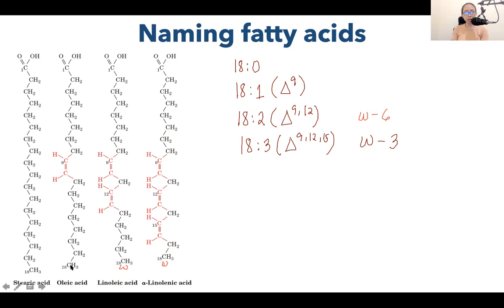Si oleic, 1, 2, 3, 4, 5, 6, 7, 8, 9. It's an omega-9 fatty acid. So that's how you use this system in naming your fatty acids. Hindi siya exactly name, but it's a way to label your fatty acids.